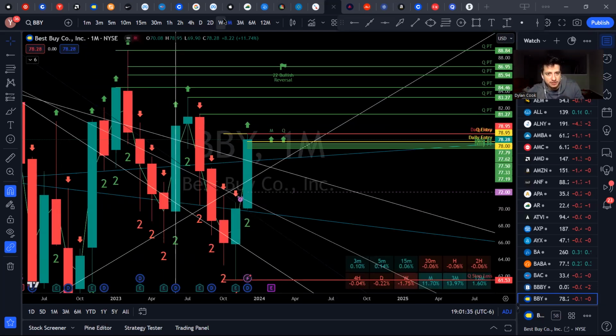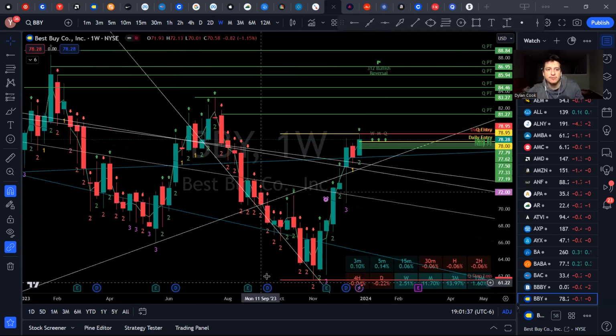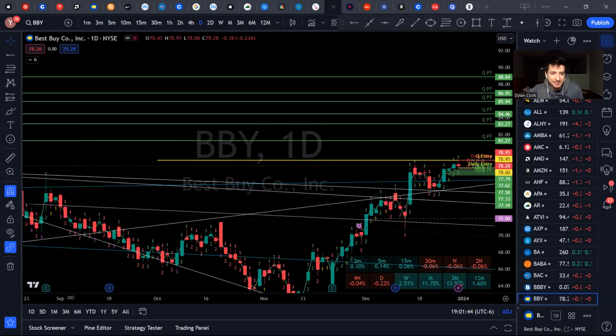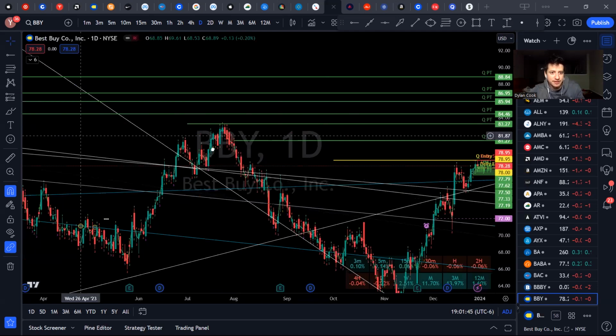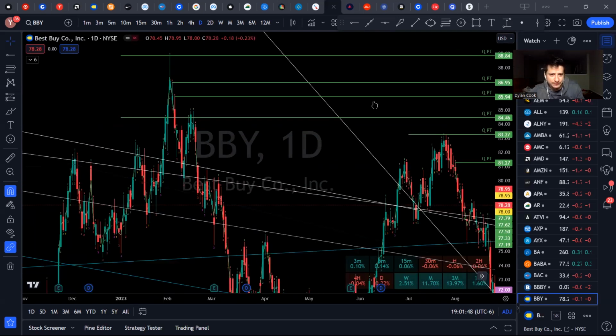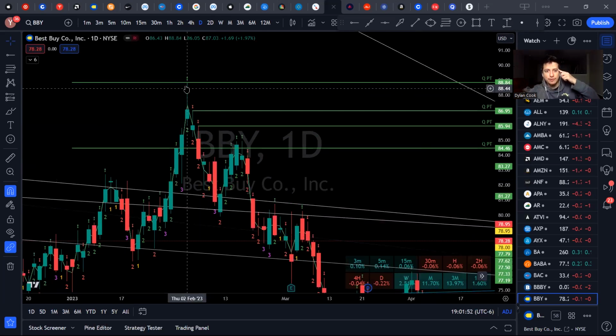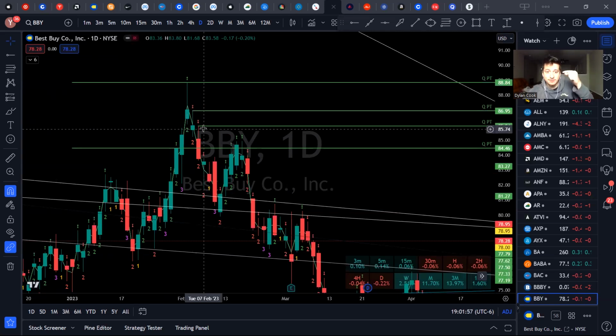Then we got to zoom in a little bit more into the weeklies to see what's going on in this big area and right in here. And because there's a big gap in this, I even went to the daily to see what was going on. Think about it. If you were in puts, if you had your stop loss, where would your stop losses be? At the top of the candles, right?